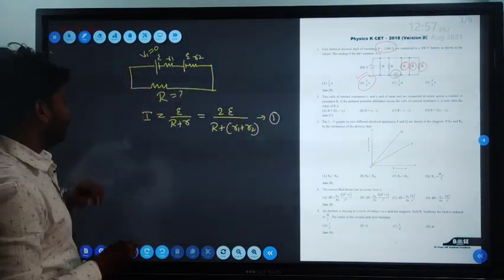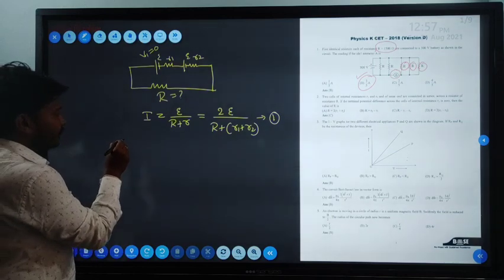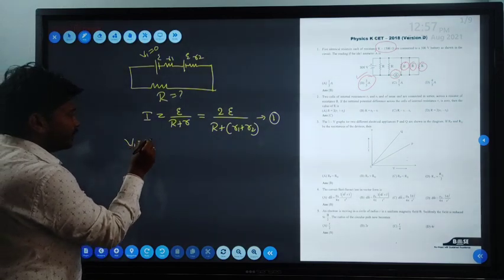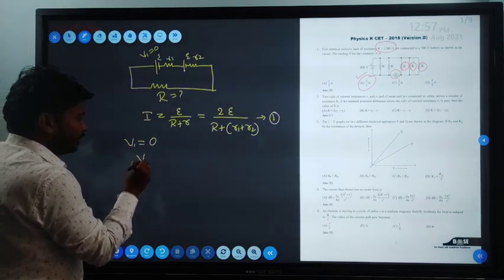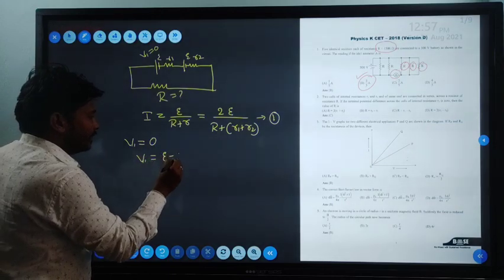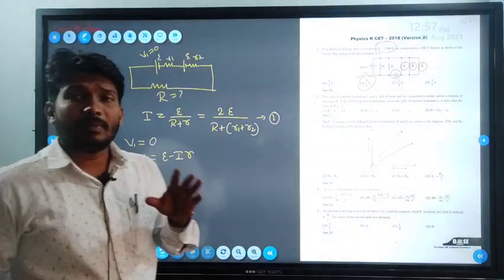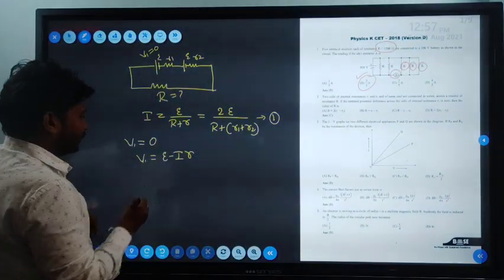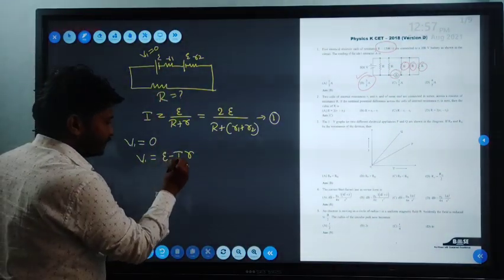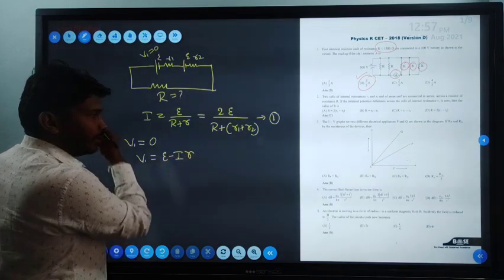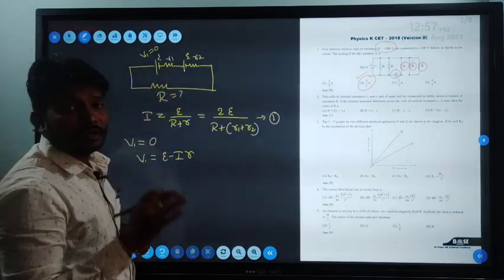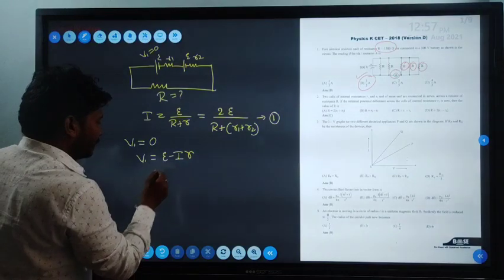And in the second condition they mention that the terminal potential difference value is 0. V1 is equal to E minus I into R. So V is equal to E minus I into R. Through the first cell, in case of series combination, which quantity will remain the same? Current remains the same.